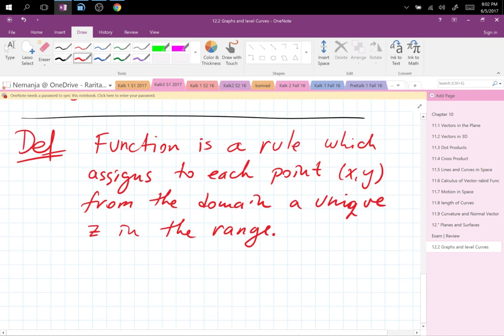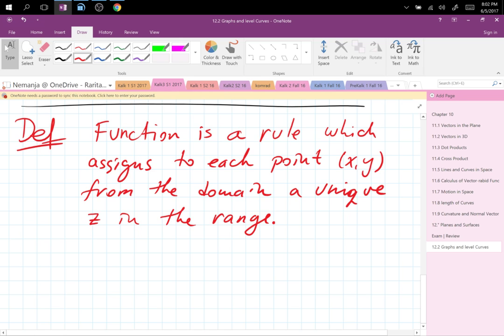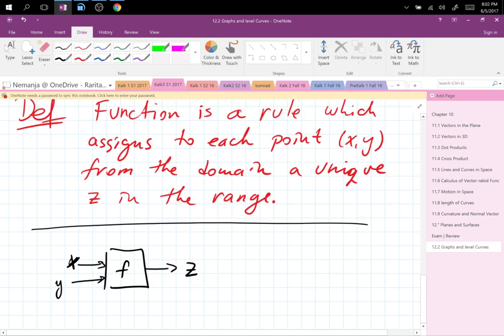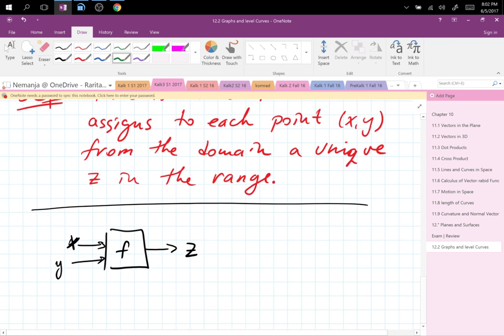So we are using x and y as the input, and then we are using z as the output. So a diagram for that: you have to feed an x and a y, the function will act and spit z out on the other end. You have the side for domain and the side for range, which is input and output.